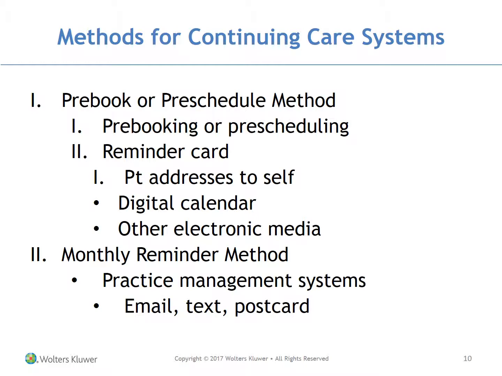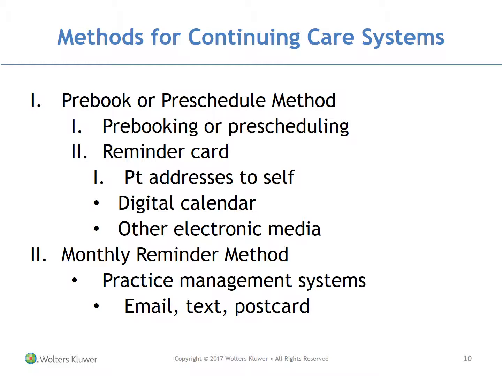This is pretty much all done via computer system. I remember doing this before the computer systems, and we had a recipe card box with January, February, March, April, May, June, July. The patient would address a card to themselves, and we would put it in that month for them, or the month ahead if it was just a reminder for them to call.